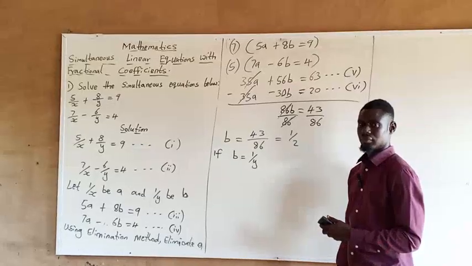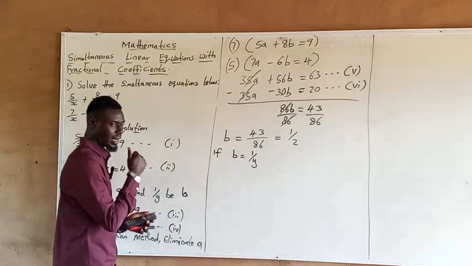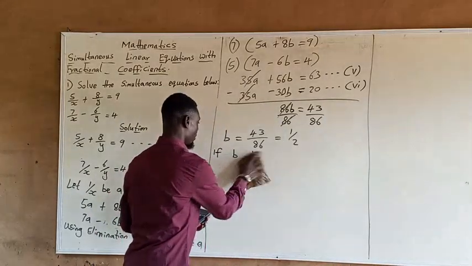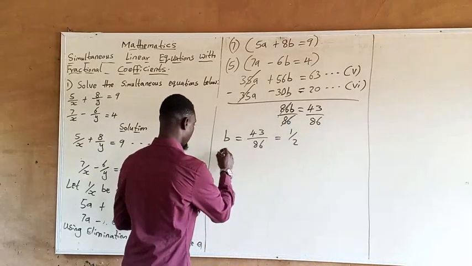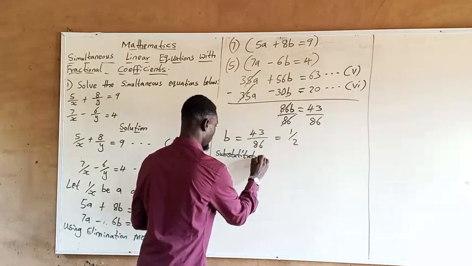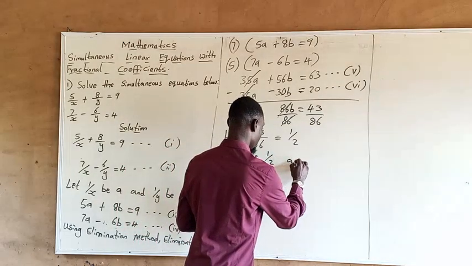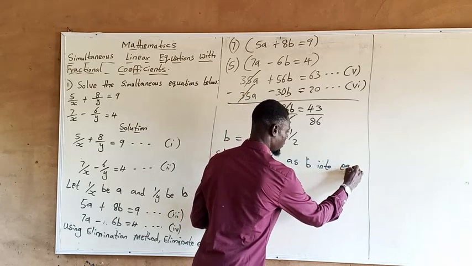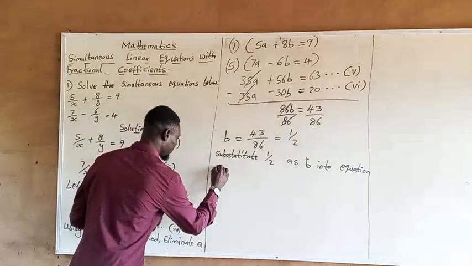I'm coming. All right. I observed something here. These are some of the mistakes students do in class. That was why I just observed. At this point, we are supposed to get our A first before we think of using that let. So let's substitute 1 over 2 as b into equation 3.